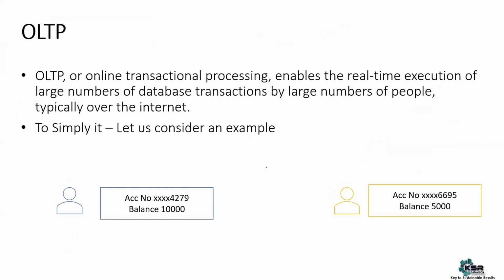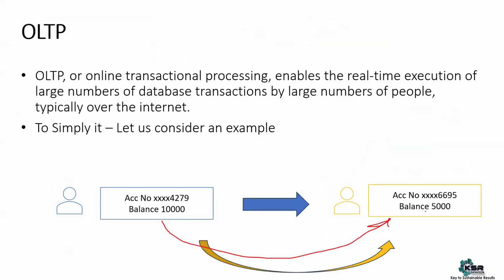This is OLTP. This is a very common example, but I've given it in a different manner. The banking system. If a person who has 10,000 is trying to transfer a balance to a person with 5,000 balance, then after a successful transaction, the balance of person A needs to be updated immediately.